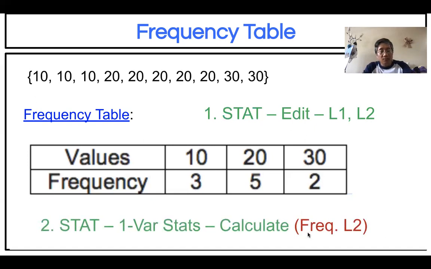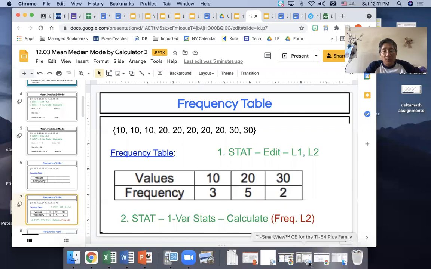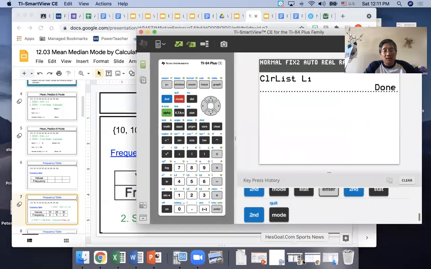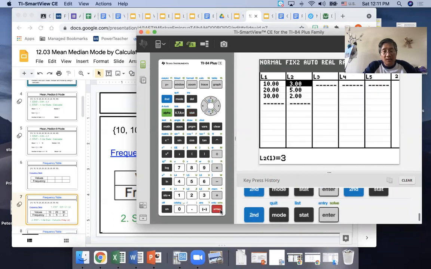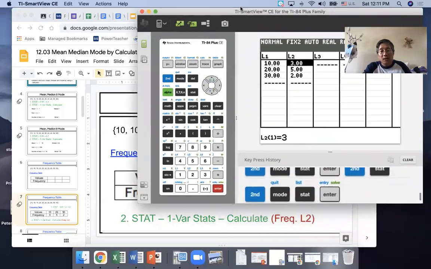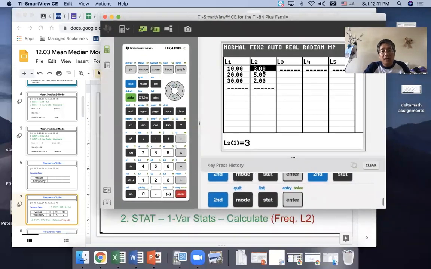All right, let's put it into the calculator together, in the TI-84. I have the calculator like this. Go to stat. In edit, if you click enter, I already entered this frequency table. 10, 20, 30 are in L1, the values, and the frequency is 3 times, 5 times, 2 times.